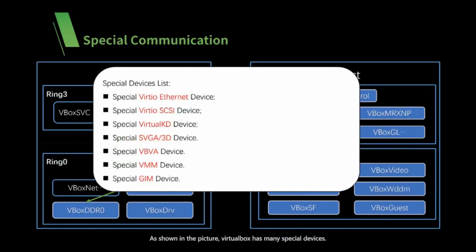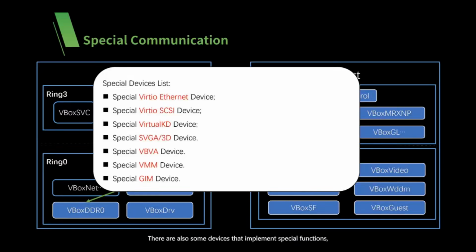As shown in the picture, VirtualBox has many special devices, such as network card device VirtIO Ethernet, graphics device SVGA3D, storage device VirtIO SCSI, and video acceleration device VPVA, and so on.